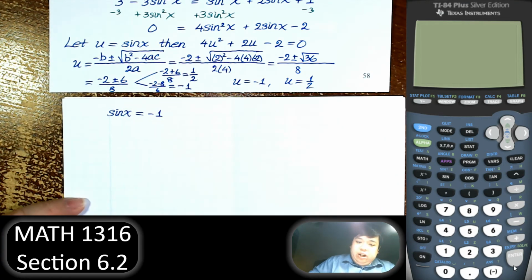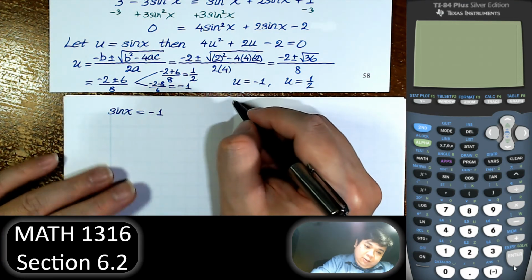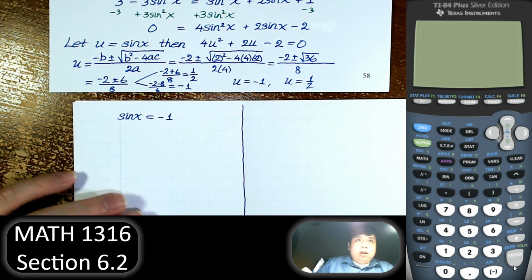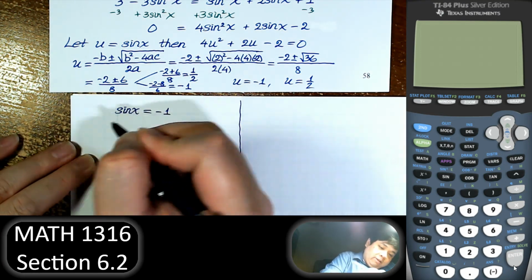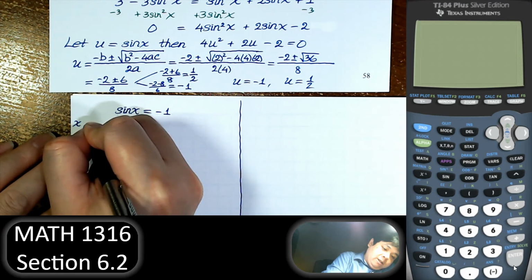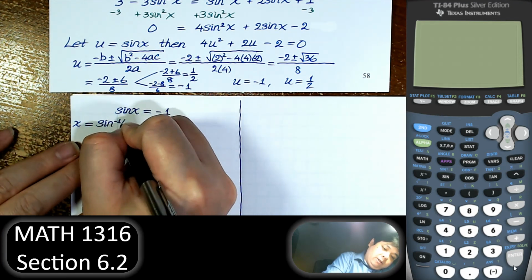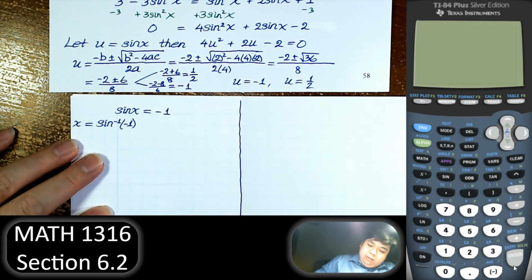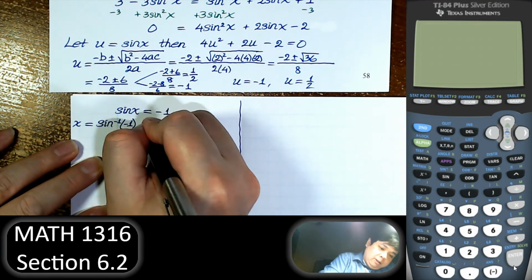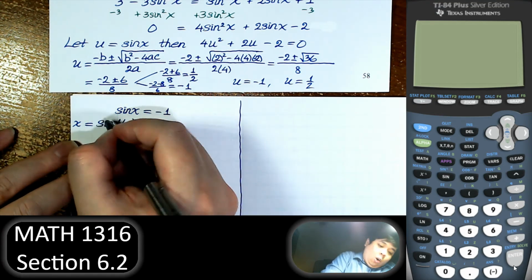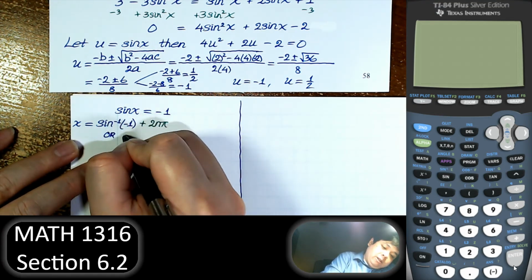Sine x equal to negative 1. So for sine, it will have the sine inverse, or the supplement to it.